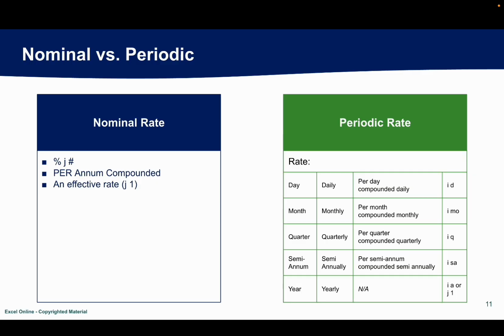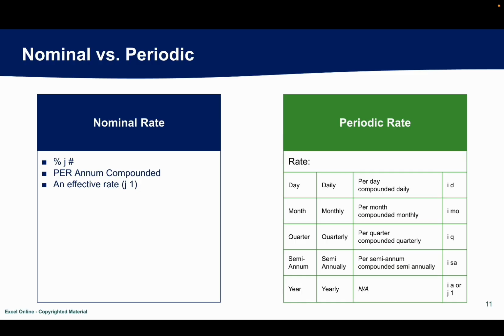Now, what about periodic rates? Periodic rates are a rate per day, rate per month, per quarter, per semi-annum, or per year. They can be called many other things that I will start listing now. And you'll notice a trend. It can be called a daily, monthly, quarterly, semi-annually, or yearly rate. It can be called a rate per day, per month, per quarter, per semi-annum.